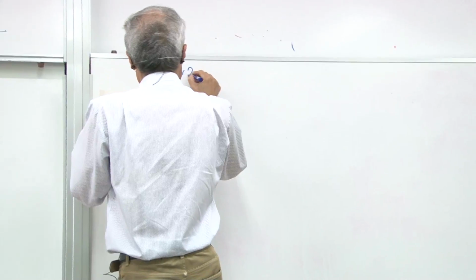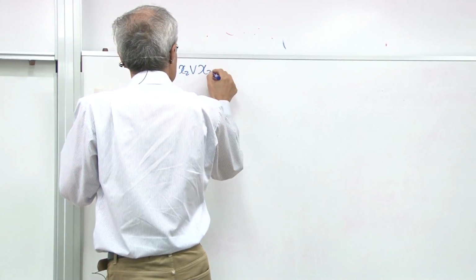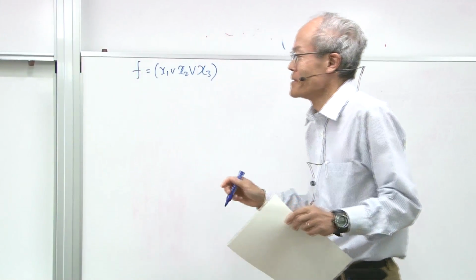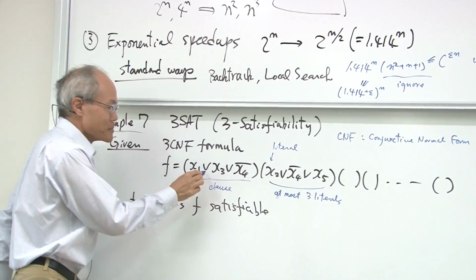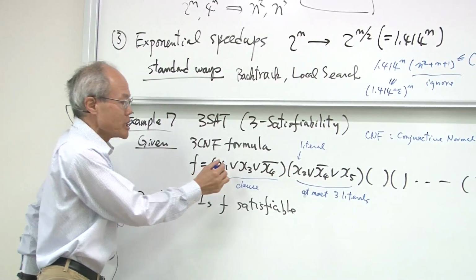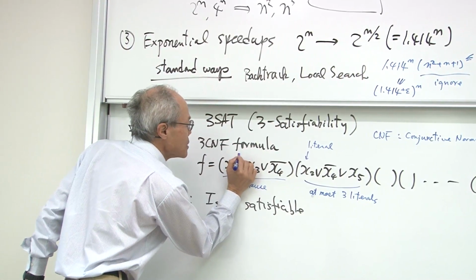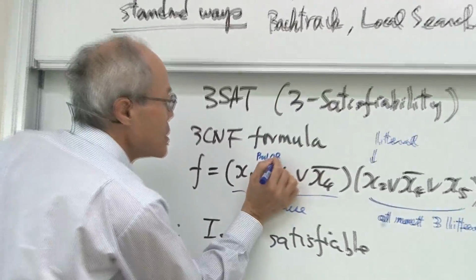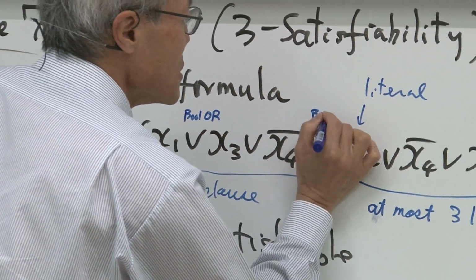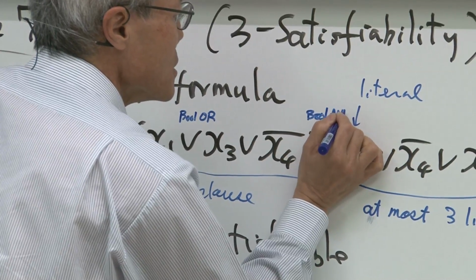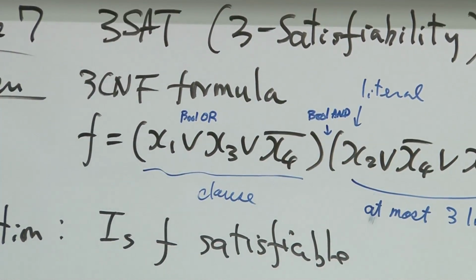x1, x2. Oh, I'm sorry. This operation is Boolean OR. This is Boolean OR. And here, this is Boolean AND. Boolean AND.